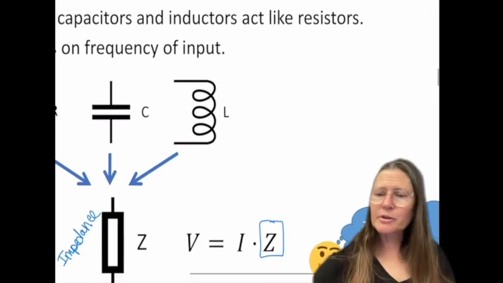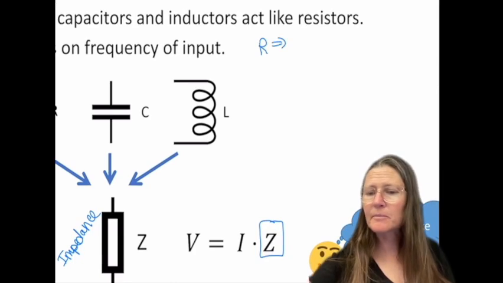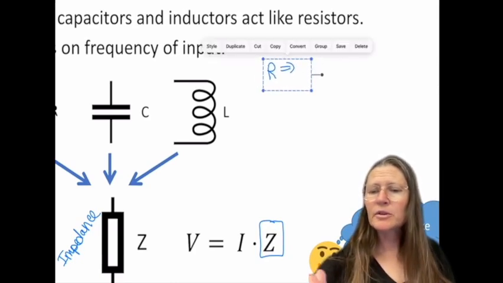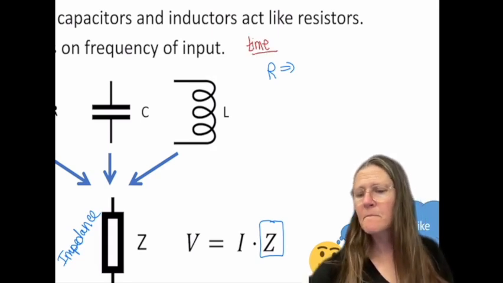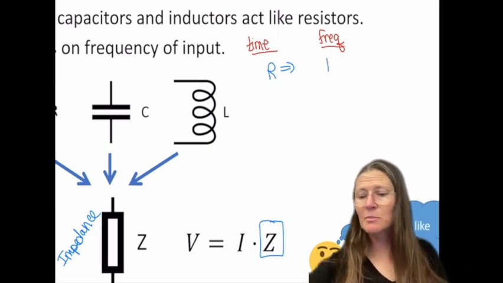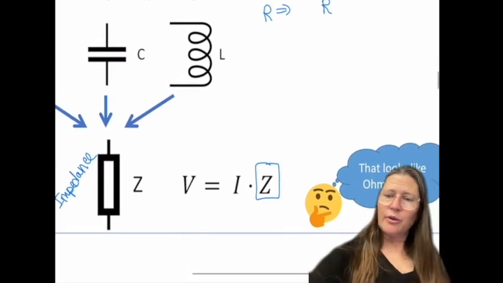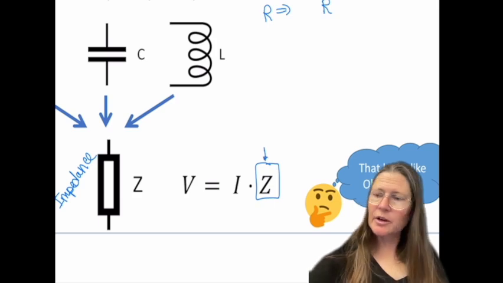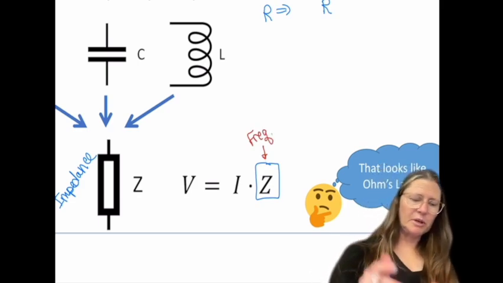So a resistor is just going to stay as a resistance. Let me do time domain. To transform a resistor from the time domain into the frequency domain, it's just going to stay the same. This is in our frequency domain, is what we're trying to figure out, what this value will be.